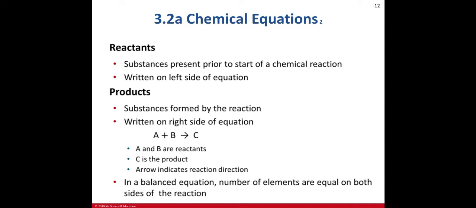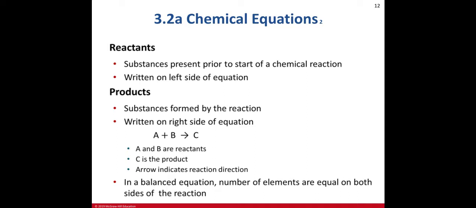So A plus B, that is going to be the reactants, thing A and thing B. That's what you start with. And then C is our product. That is what we make because we've combined A and B. And the arrow is going to show us which direction this reaction happens.